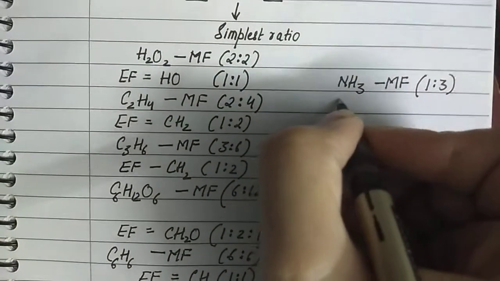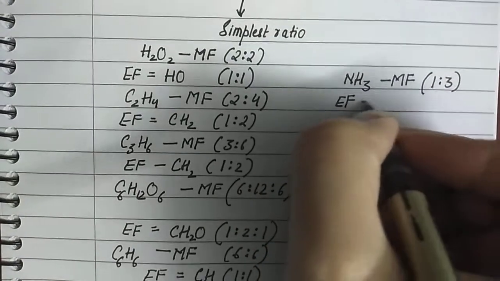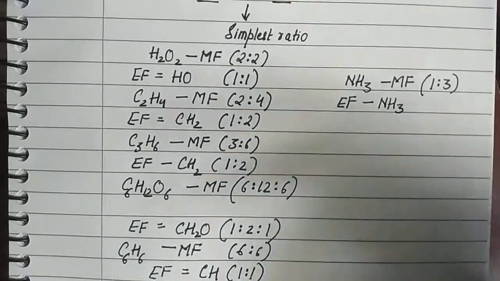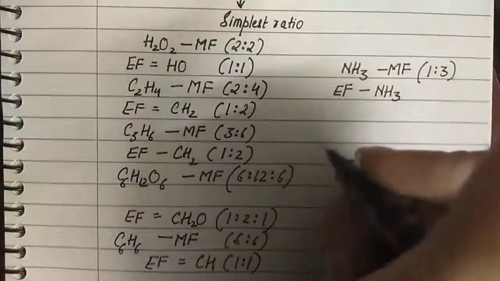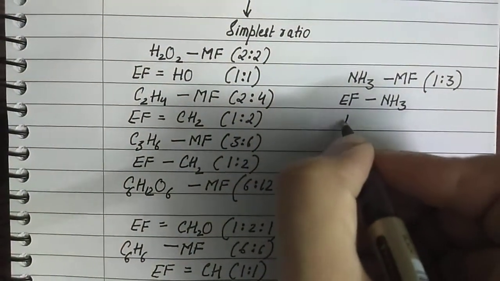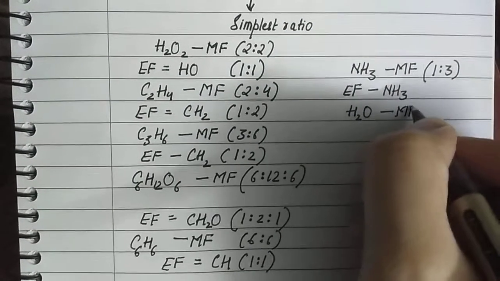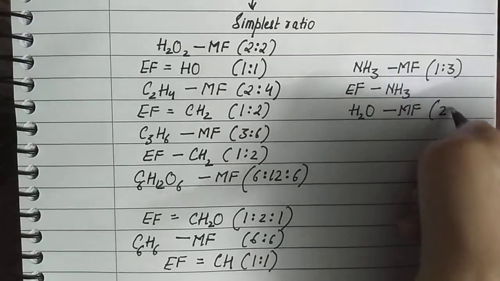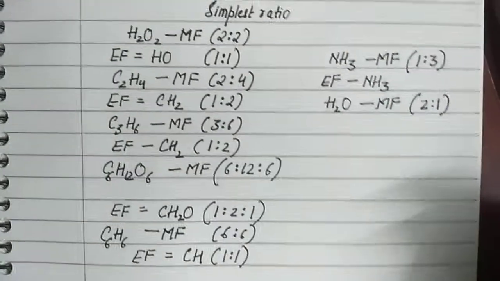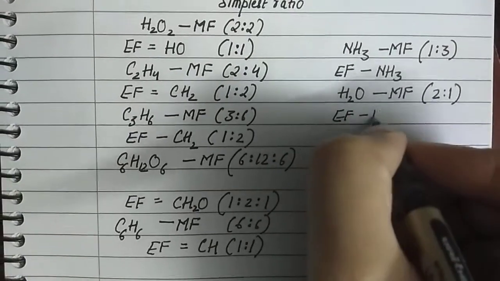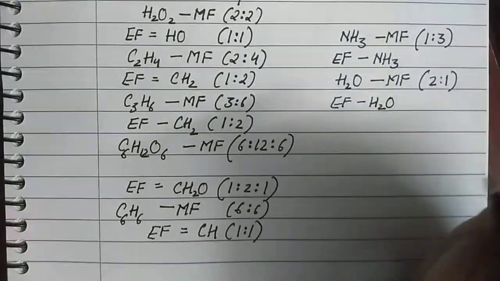So in such cases, the empirical formula remains same as the molecular formula. Let us have another such example of water, which is the molecular formula, and the ratio 2:1 cannot be simplified further. So empirical formula becomes same as the molecular formula.